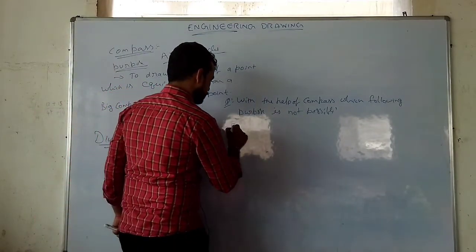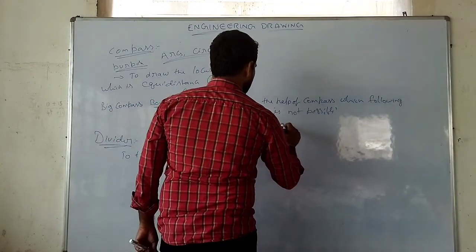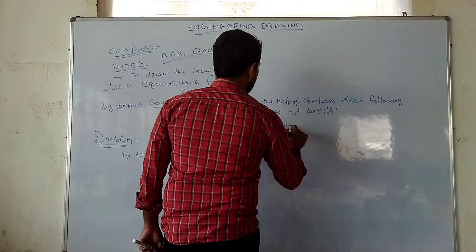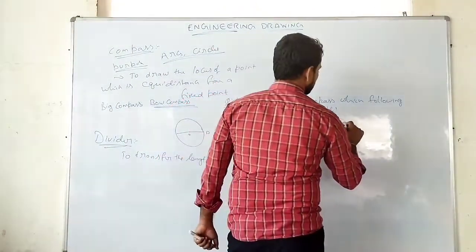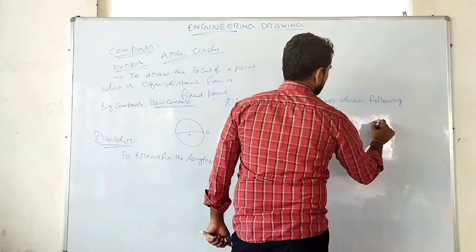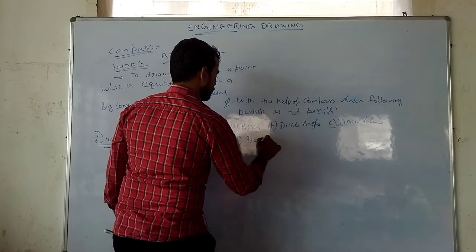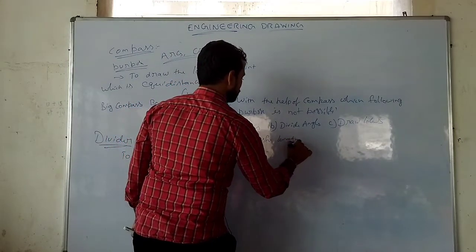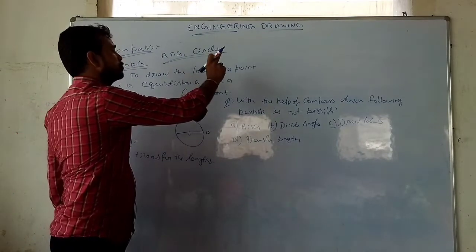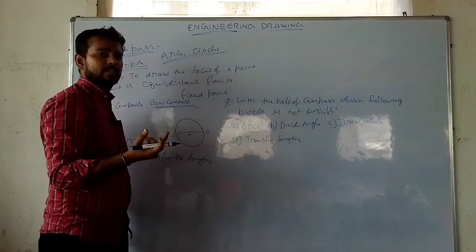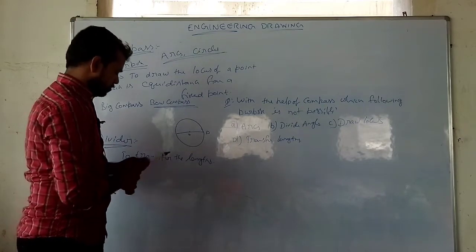A, you can draw arcs; B, you can divide angles; C, draw locus points; and D, transfer lengths. So the answer is transferring the lengths from one place to another. Why not, sir? We can put the compass and take it like that. Okay, but it is not possible. With the help of divider only it's possible. Okay, clear? So this is the answer.